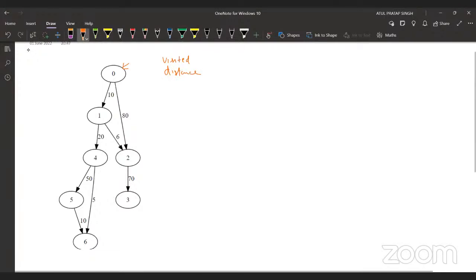These two variables we are using for each vertex. We can represent the vertices as 0, 1, 2, 3, 4, 5, 6, and we will represent these values in the graph at the same place. So initialization is that at the source vertex we mark the distance as 0, and for the remaining vertices we mark the distance as infinite.